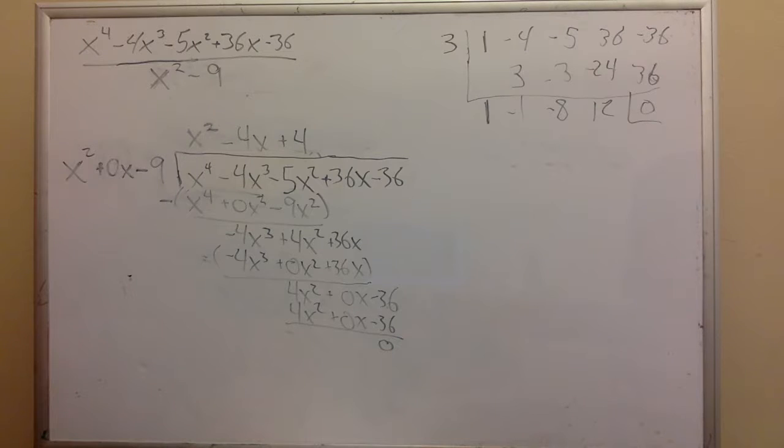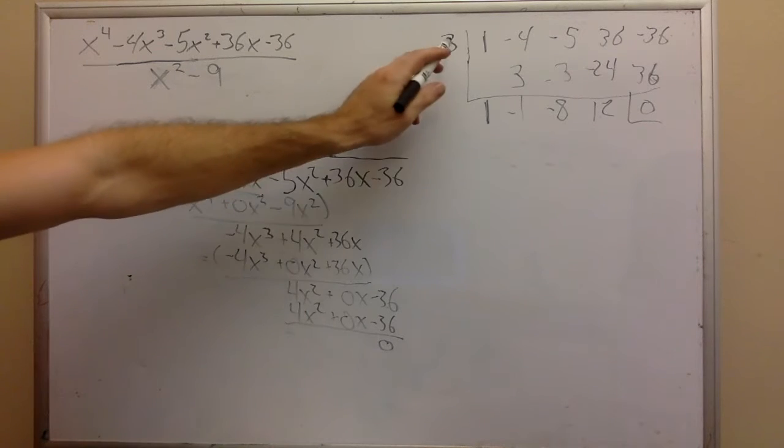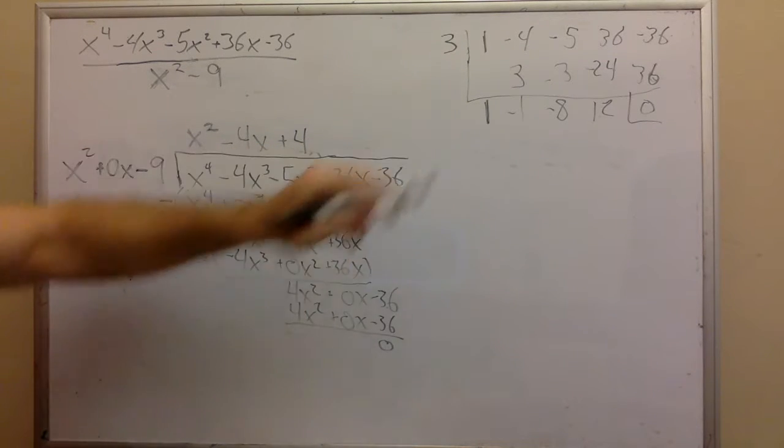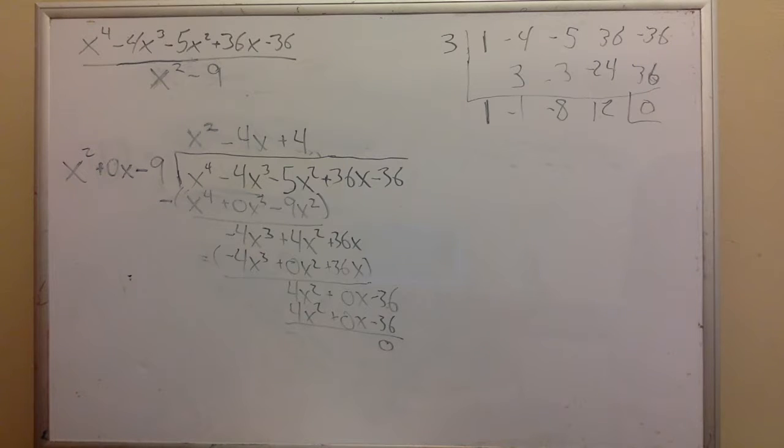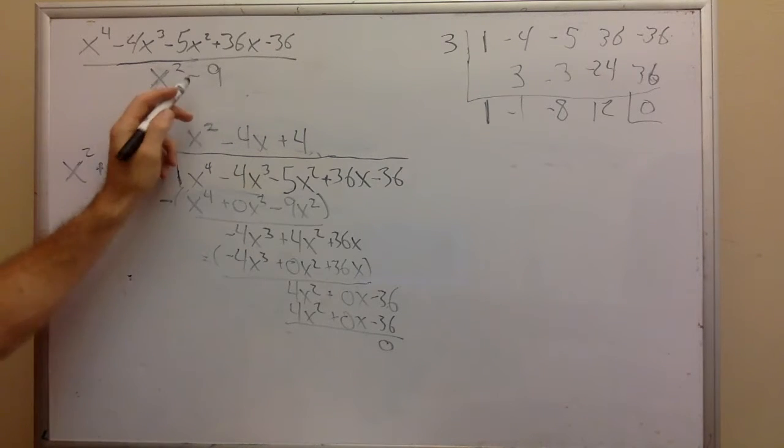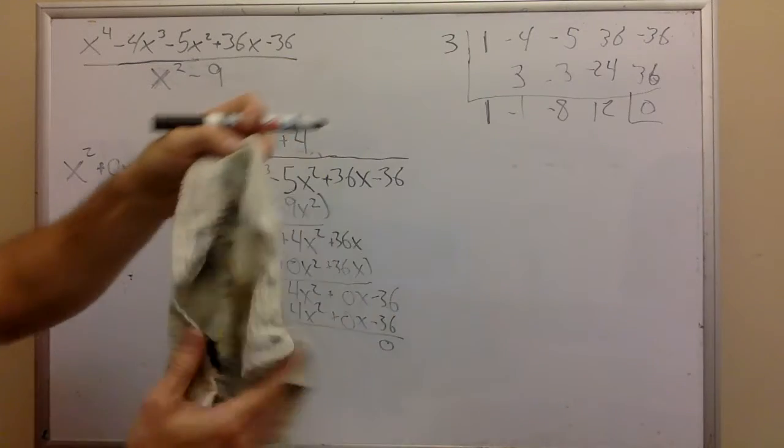Okay, so that's one way to approach this problem. One other thing that you can do is notice I left this part up here. That was when we divided by x minus 3. Remember? Well, one thing that you might have noticed is that x squared minus 9 is factorable.